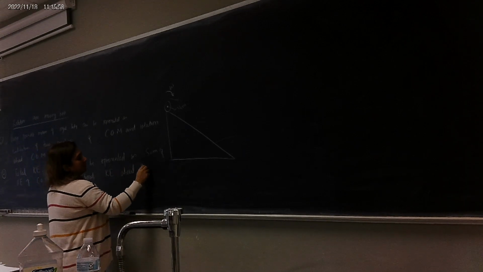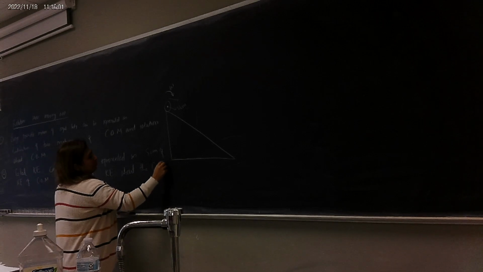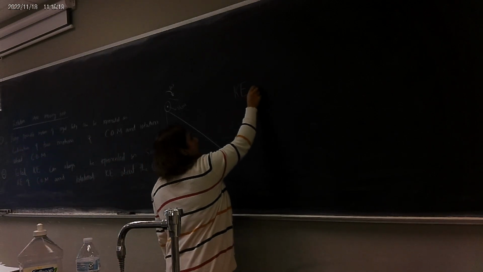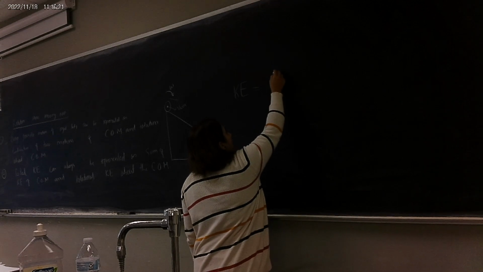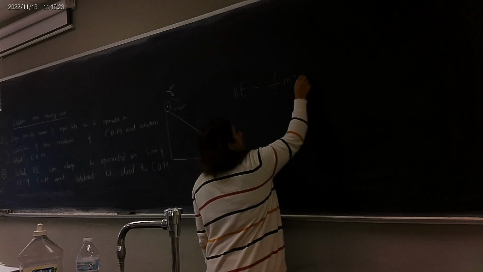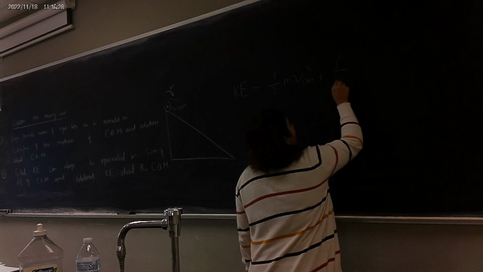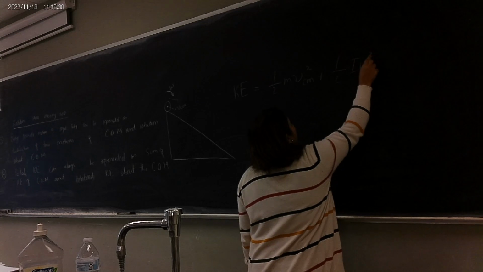So basically you have to see how the object rotates about the center of mass, figure that out, and then the center of mass, if it's moving itself, you have to put it together with it. So the total kinetic energy in such a situation would be given as half m V_CM square plus half I omega square.